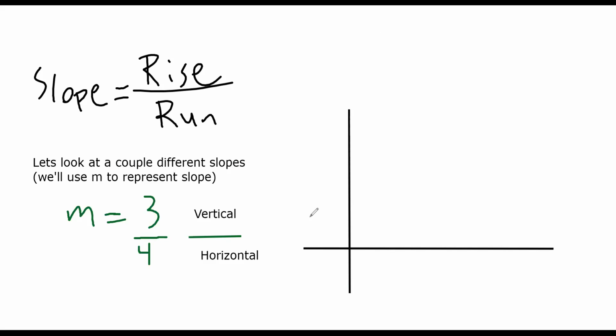It's still positive, so the thing is still on an upward trajectory, but I've actually made the slope smaller. I went from a value of 3 down to the value of 3/4, which is about 0.75. So suddenly the line is not going to be as steep as it was before, not nearly as steep. Maybe something like that.